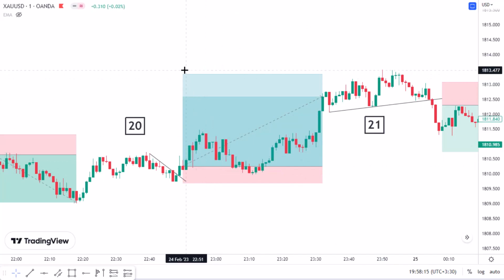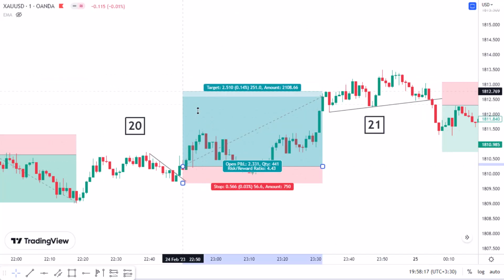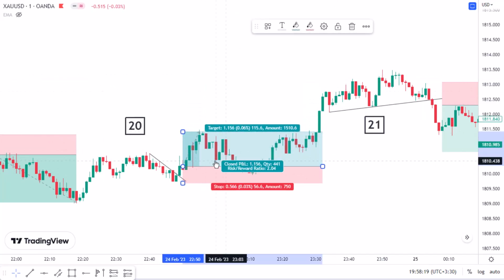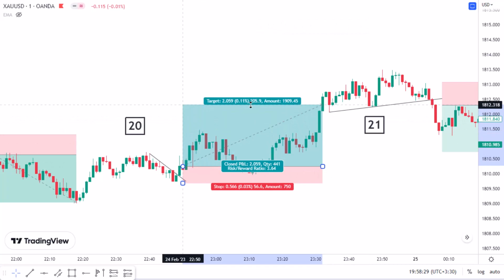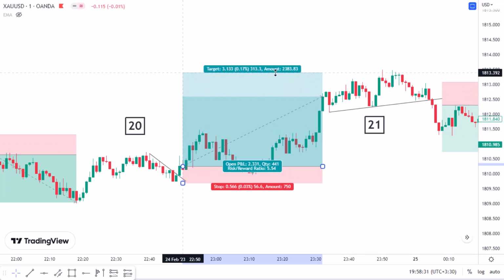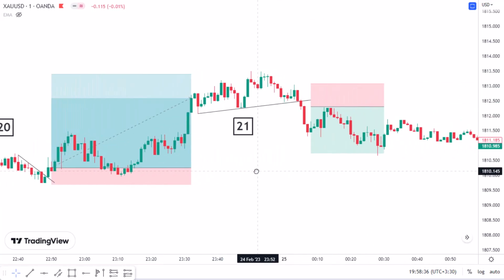If you got your RR2 here, you should risk-free your position, and it would be activated somewhere here, okay? And if you didn't do that, you were able to earn something around 5.5.